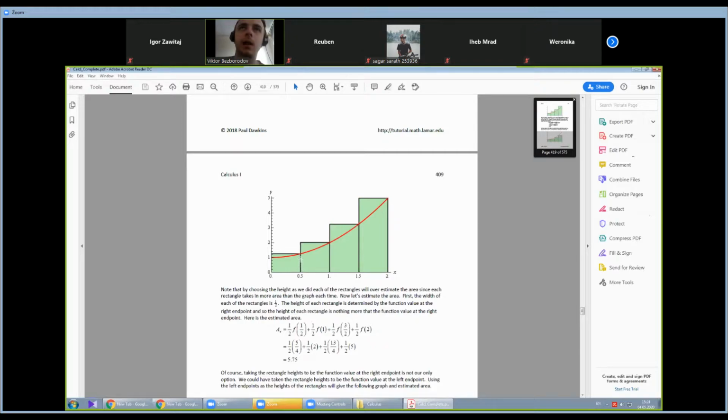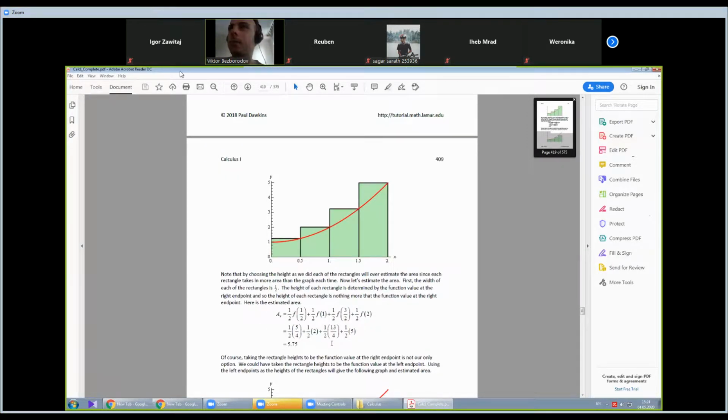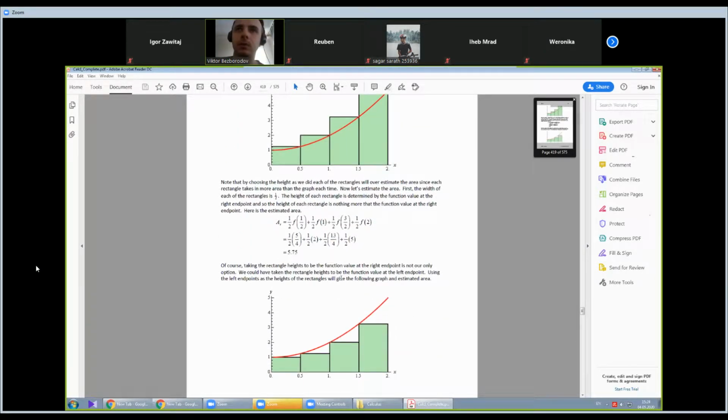The same goes for the other rectangles, and the height of the last is f of 2. So this is what you get, and this is an upper bound. It is not the area that we are looking for, but it is an upper bound.